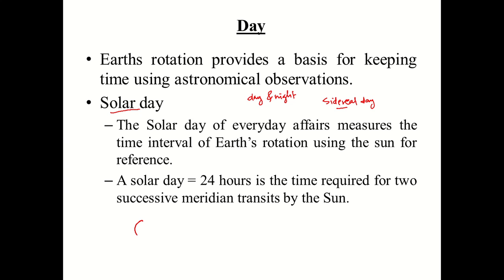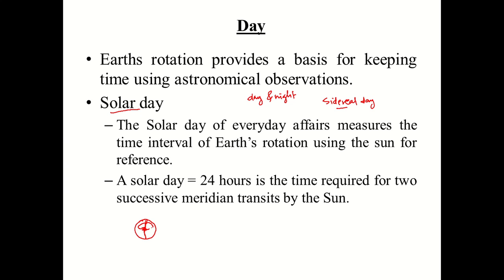That means if you consider this as Earth, and suppose there is a meridian here and a person standing here starts his time when he sees the sun exactly above his meridian, and when he stops his watch when the sun reappears above his meridian, then it will give the period of rotation of Earth with respect to the sun as the reference object, which is called the solar day.